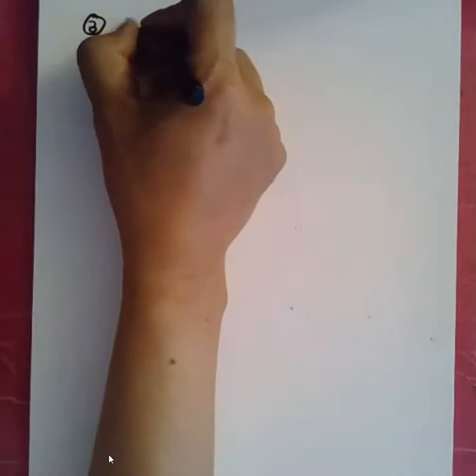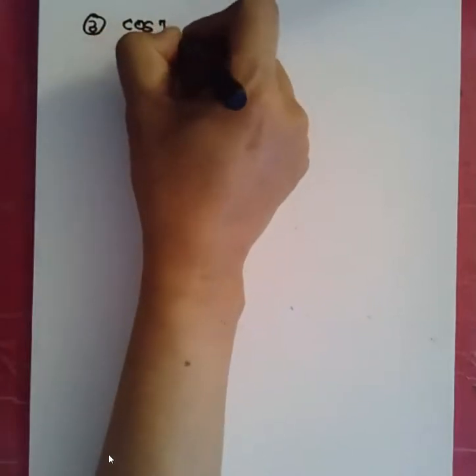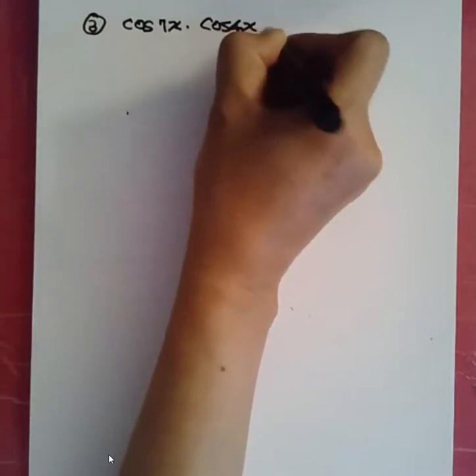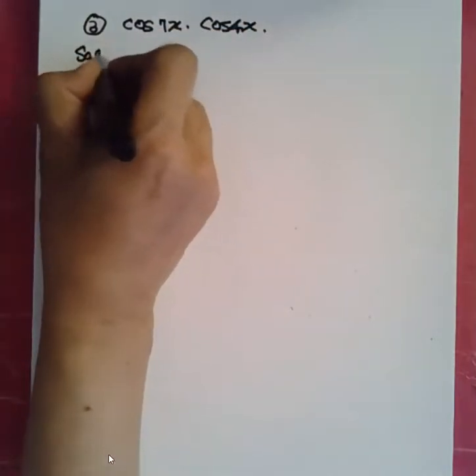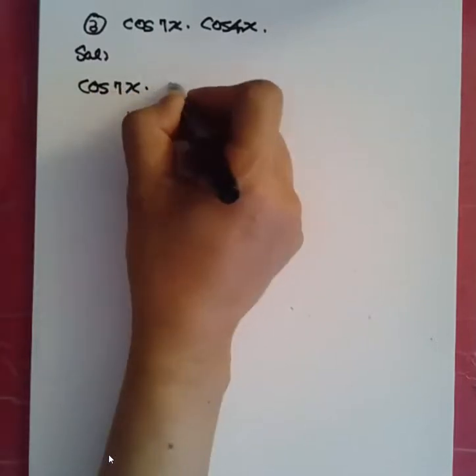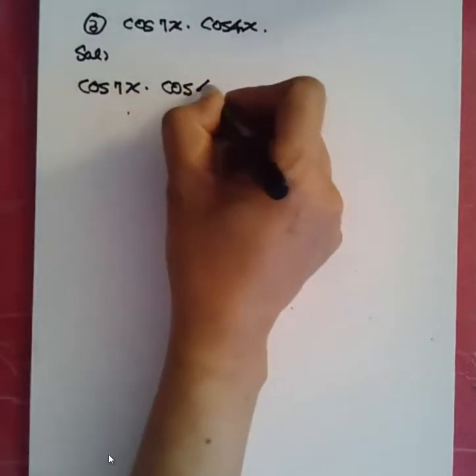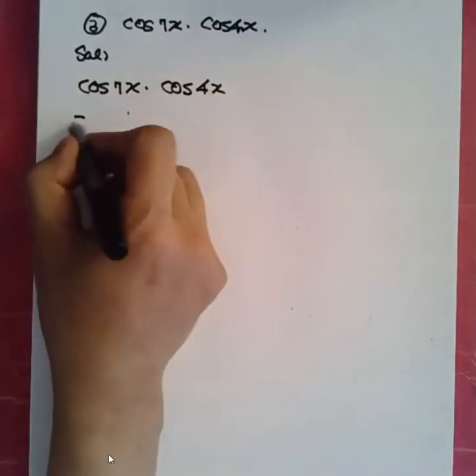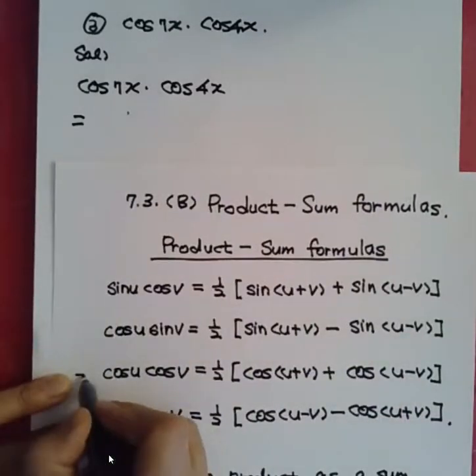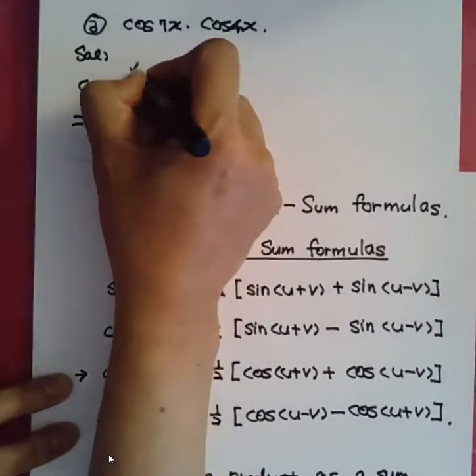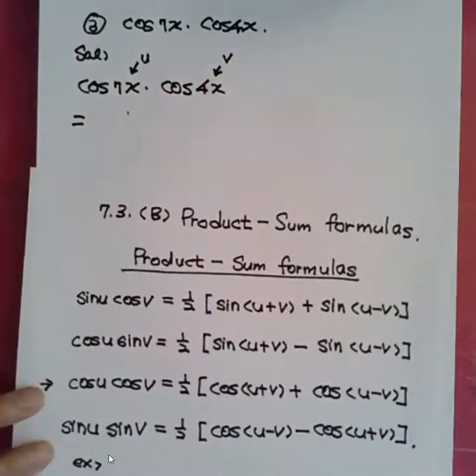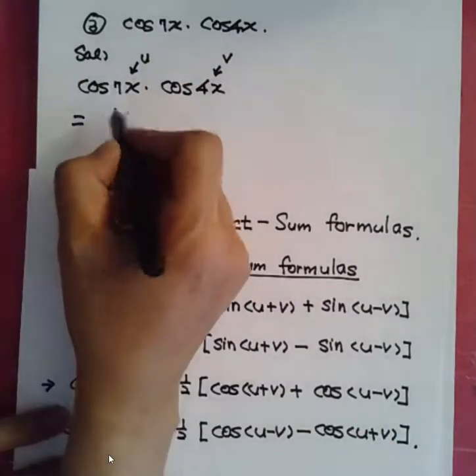The third problem is cosine of 7x times cosine of 4x. We will use the third formula. After we determine u and v, we will apply this formula.